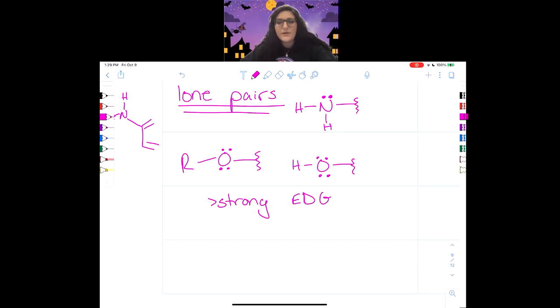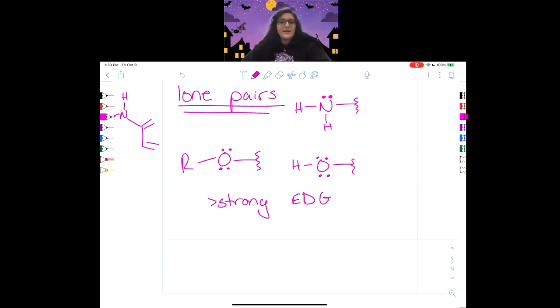And it's important that you know that it's strong because in the next chapter that we talk about, you're going to have to rate the strengths of the withdrawing versus donating groups. So while it's not insanely important for this exam, just keep in mind this is a strong electron donating group.